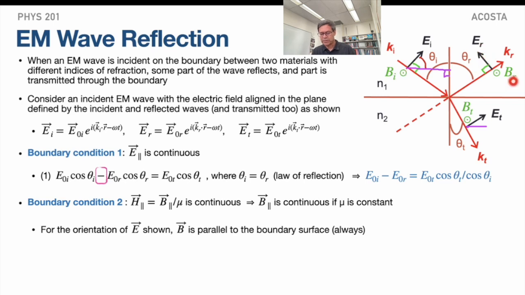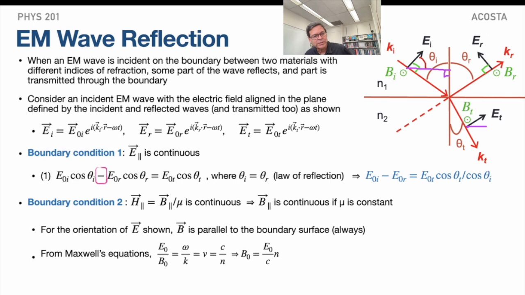Likewise, for the reflected component of the magnetic field, B has to point out of the page here on the right side, and E cross B would point up and to the right. And likewise for the transmitted wave. So B is always pointing out of the screen in this case, and in fact, we would see that it's completely parallel to the surface of the boundary defining those two media.